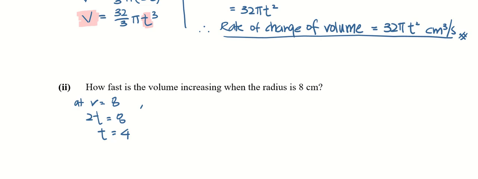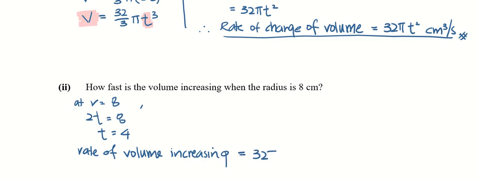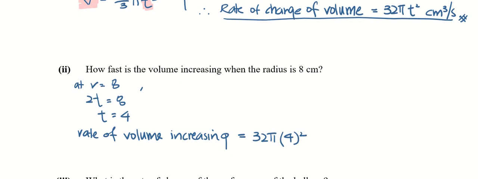We know that the rate of change is 32 pi t squared. So the rate of volume increasing simply means 32 pi and then t squared, 4 squared. That will bring you to 512 pi cm cubed per second.